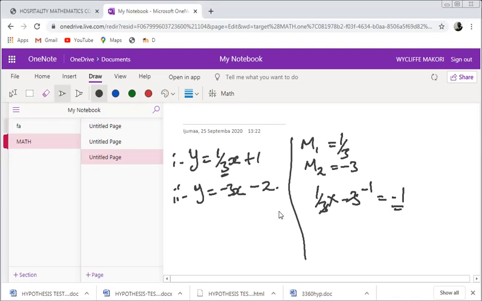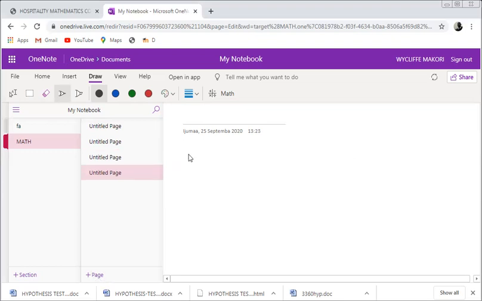You can be given another example, and the example is like this. You are given equation 1, which is y equals 2x plus 7, and the other one is y equals -2x plus 5. Then you are asked, without drawing, determine whether these two lines whose equations are given are actually perpendicular or not.